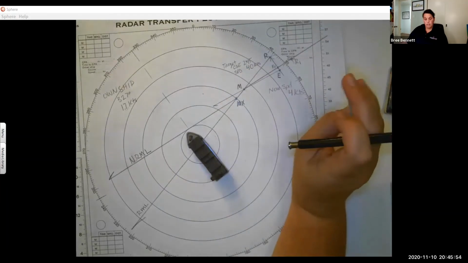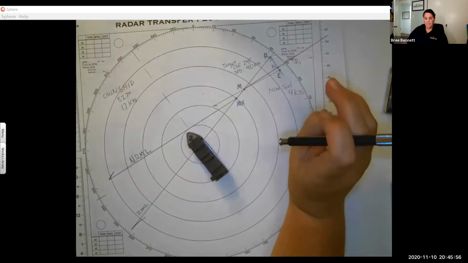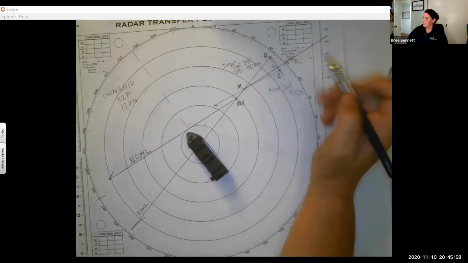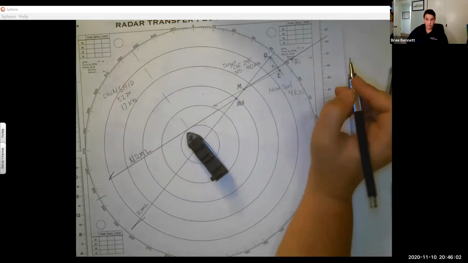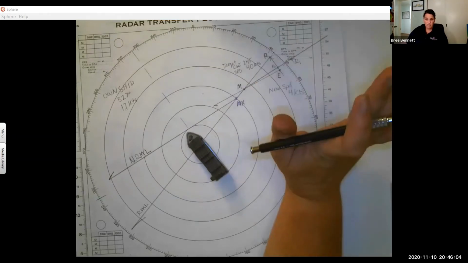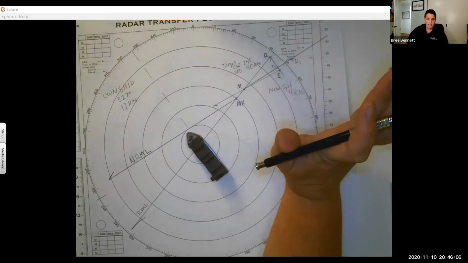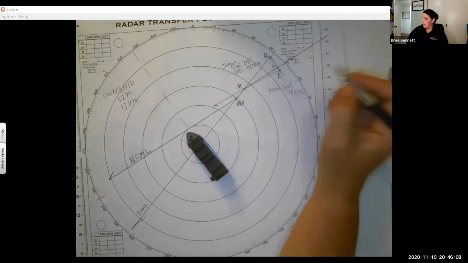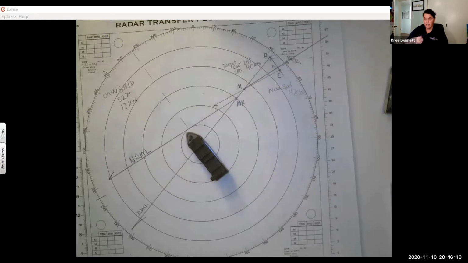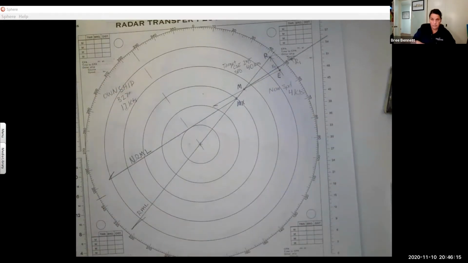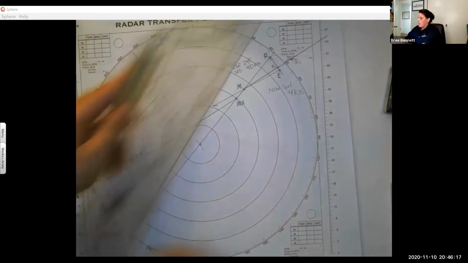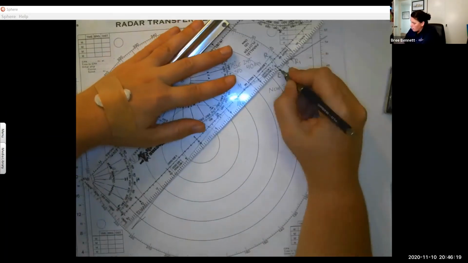Okay. I want to do the time CPA because this is a good example of this with the change of course. So did the change of speed make sense for you guys? Is that all right? Okay. Change of course, it's not exactly on the question here, but if we were to change course instead, I would connect my E to R prime.